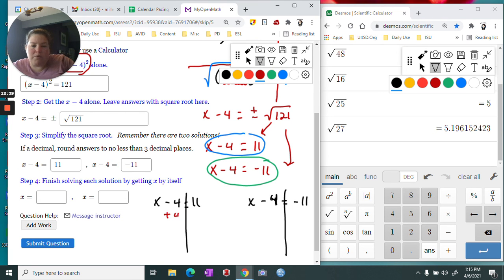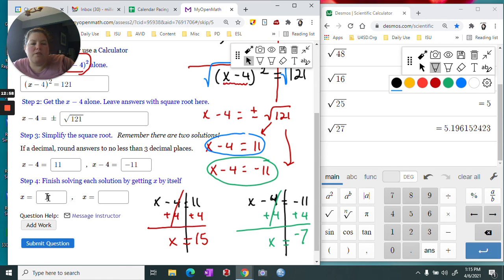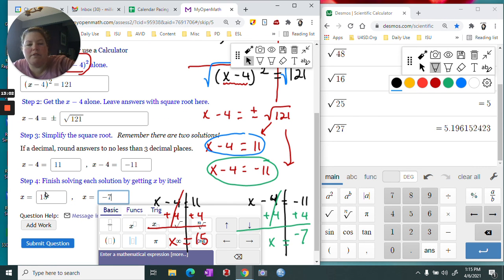So add 4 to both sides here. X equals 15. Then I'm going to do this one, add 4 to both sides, and we get x equals negative 7. So my answers are 15 and negative 7.